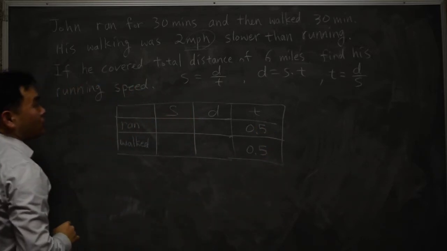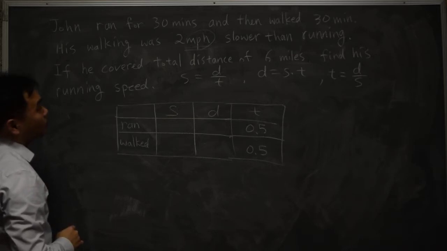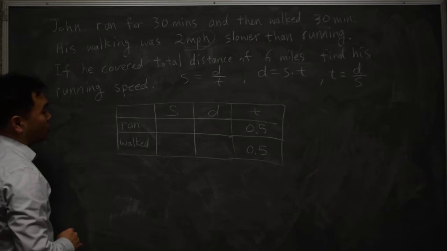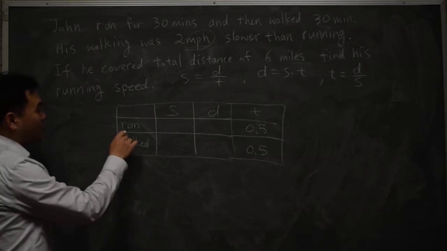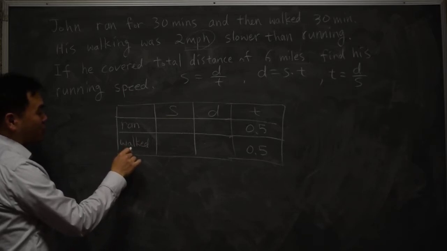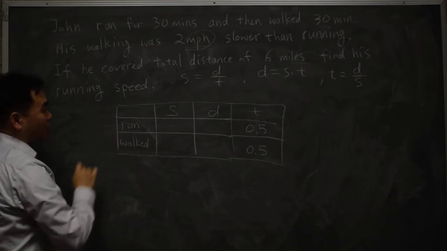Okay, so that's good. And then his walking was 2 miles per hour slower than running. So, well, I don't know how fast he ran, but I just know that the walking speed is 2 less than how he ran.